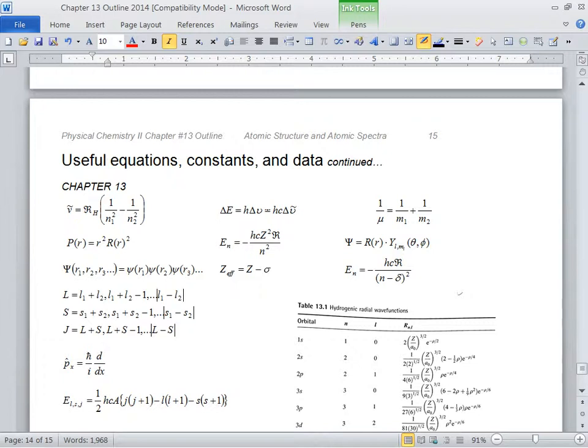I got the energy for the 2p 3/2 to be 1/2 hcA, and the 2p 1/2 I got to be a negative hcA. So you subtract those two, and you get 3/2 hcA. So that's the splitting that they were talking about, right? And then you get your A out of that, just solve for A, because you know what everything else is.